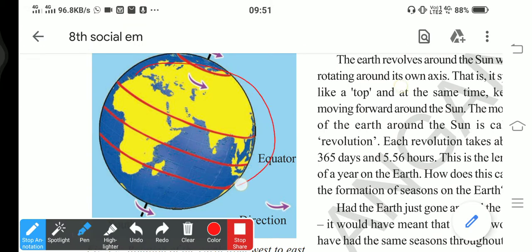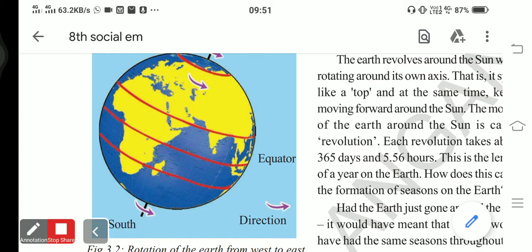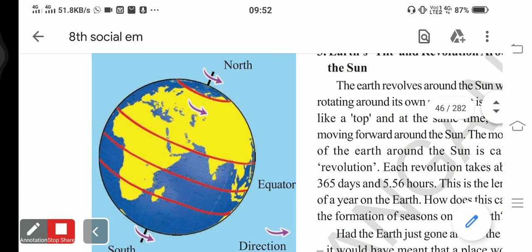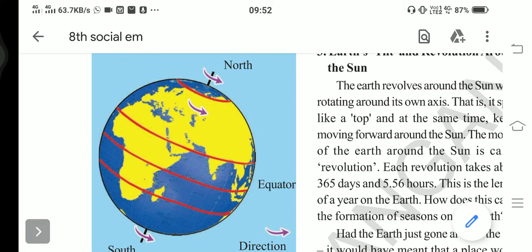Look, my dear students, this is the spherical shape of the Earth. Understand? So the spherical shape of the Earth is one of the factors here. What is meant by curvature?